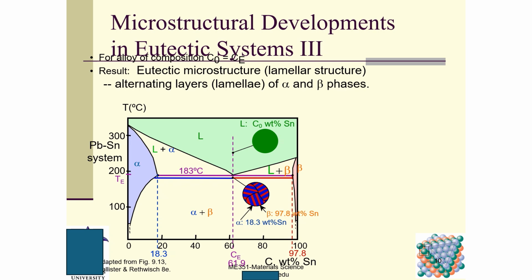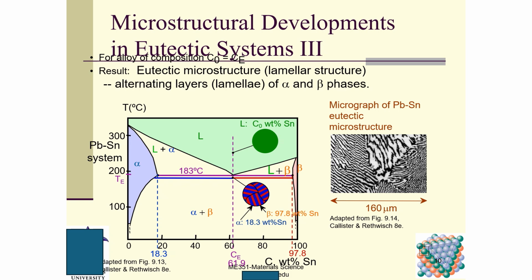This alpha is 18.3 weight percent tin, and beta is 97.8% tin, which is very, very high. Draw this line to get the composition of alpha and the composition of beta.